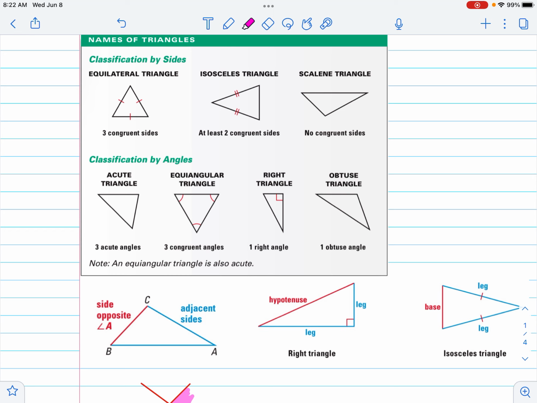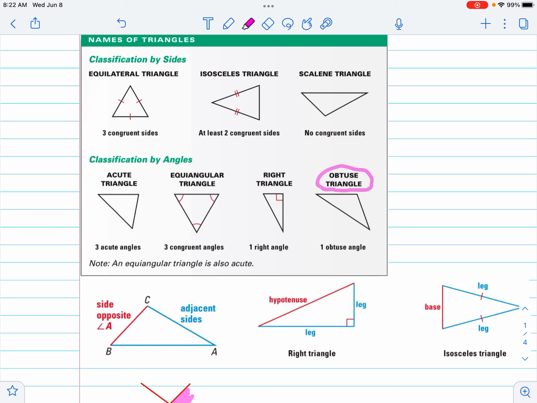Now, that's in contrast with this obtuse triangle. The obtuse triangle has one angle bigger than 90. It's not going to have any more than that, and we'll talk about why it can't have more than that later.